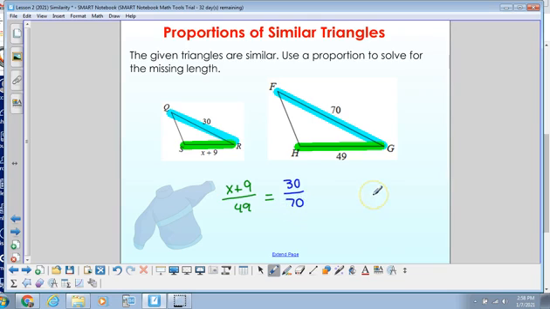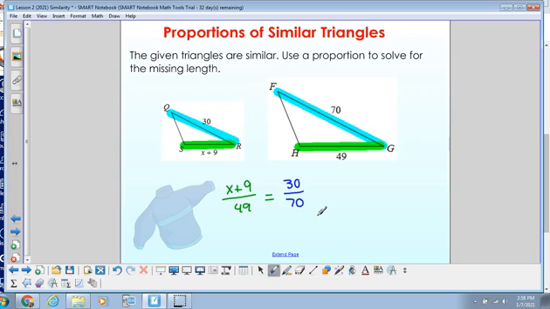Now, if you are doing algebra, you might see that you can simplify this fraction right here. You can reduce, and if you want to do that, go ahead. You should get the same answer whether you reduce or not.